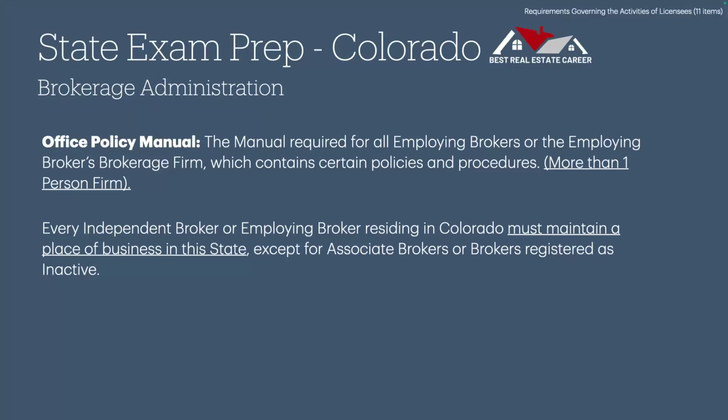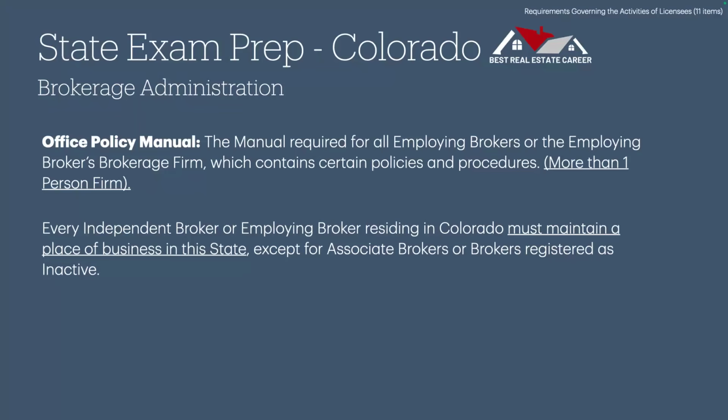And you go to your own brokerage, ABC Realty, and you start this thing up, and you were the sole person at this brokerage, you do not need to have an office policy. All right. And every independent broker or employing broker residing in Colorado must maintain a place of business in this state, except for associate brokers or brokers registered as inactive.